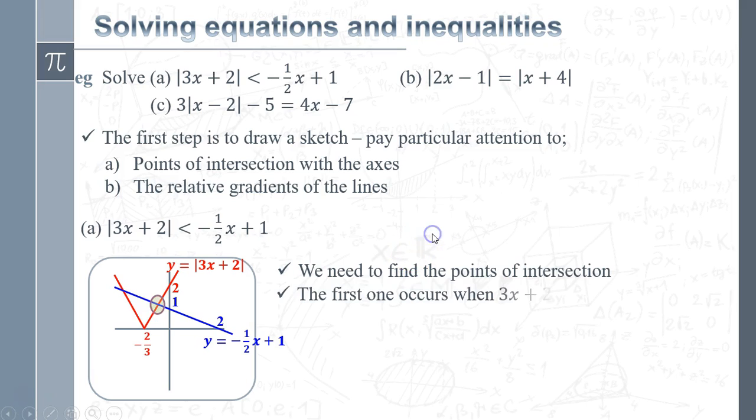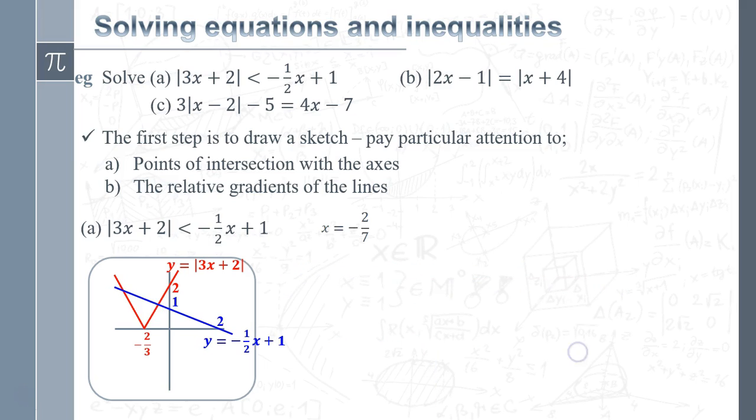The first one is when 3x plus 2 equals minus half x plus 1. This is the positive arm of the modulus function, so nothing weird is going on. Solving that, we end up with x equals minus 2/7.